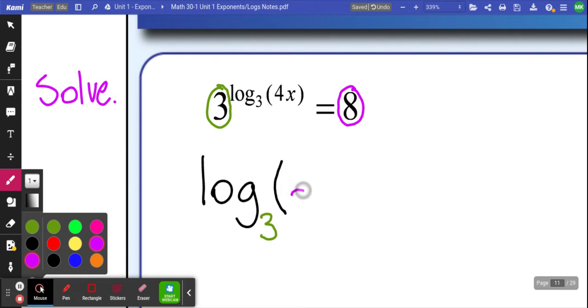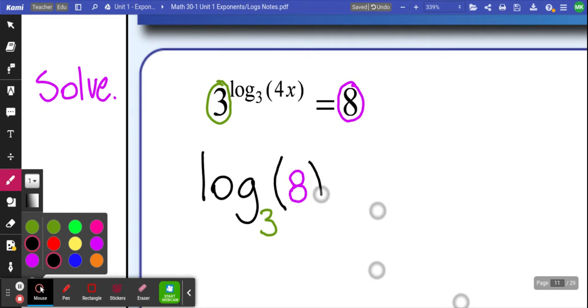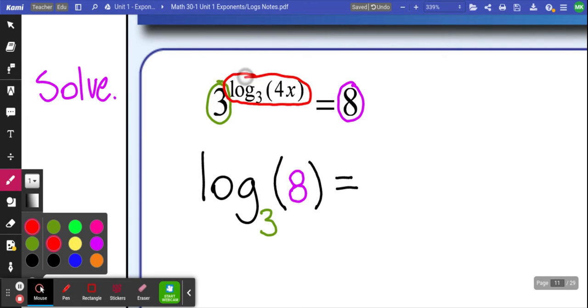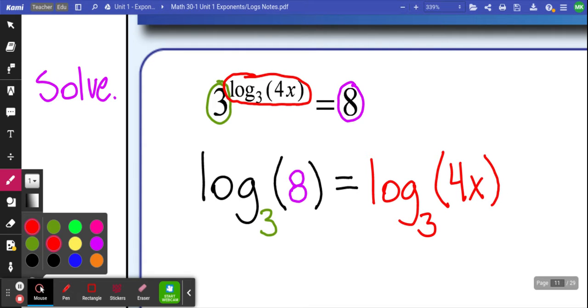So 8. And then the exponent goes to the other side. In this case, the exponent is a log. So it looks like this. I've taken that power and turned it into log form to get rid of that exponent.